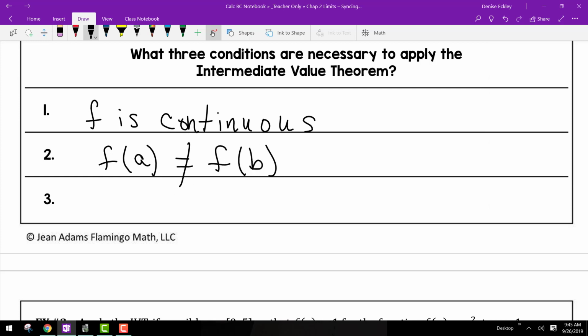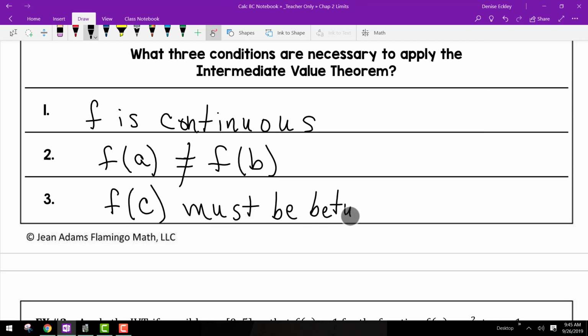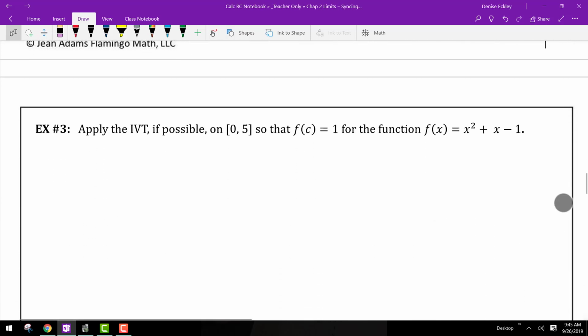So f of a cannot equal f of b. And the third condition is that f of c has to be between f of a and f of b. And that's what broke down in the graph of g that we just did. Okay, so that's trying to give you kind of a visual representation of this.